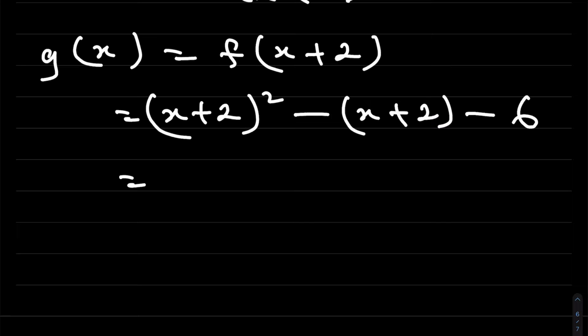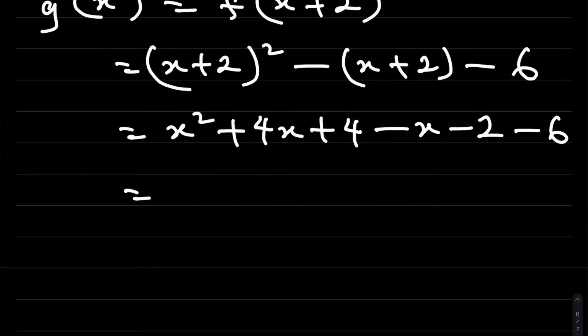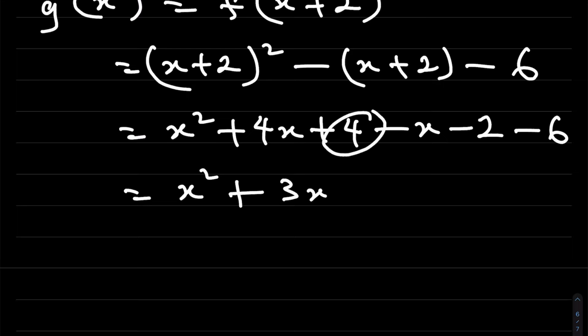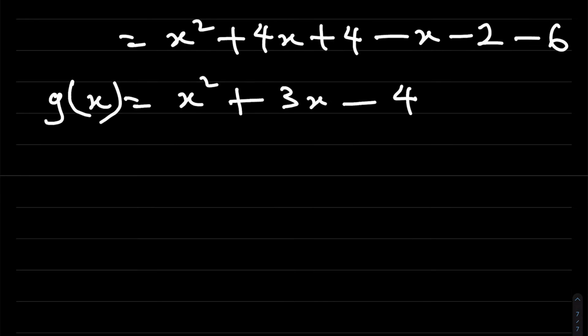If we expand the bracket, we're going to get x squared plus 4x plus 4 minus x minus 2 minus 6. And that means x squared plus 4x minus x is 3x, and then 4 minus 2 minus 6. 4 minus 2 is 2, 2 minus 6 is minus 4. So g of x is x squared plus 3x minus 4.